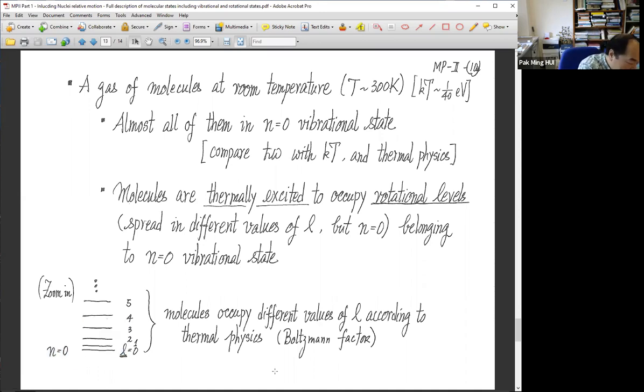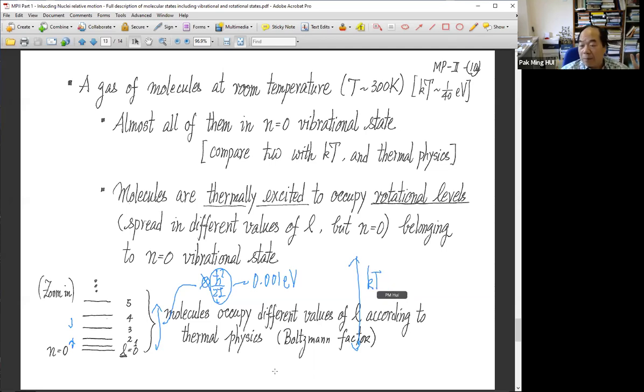The reason is that this, I think even up to here, okay, it is some number, a constant, it's not 0, some number, okay, h bar squared over 2I, and this is 0.001 eV, okay? And thermal energy KT is higher than that.